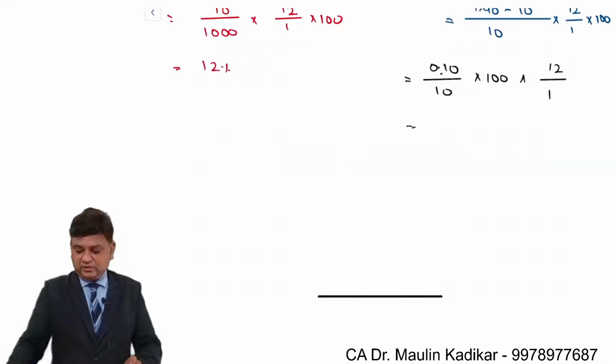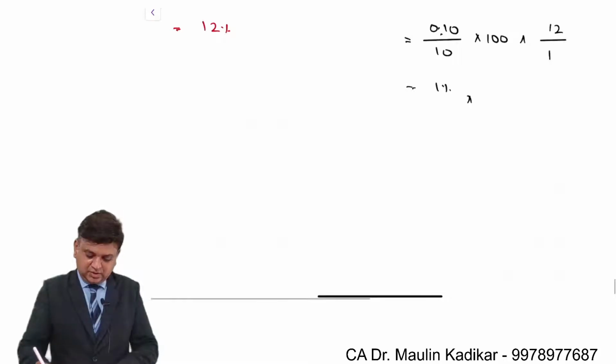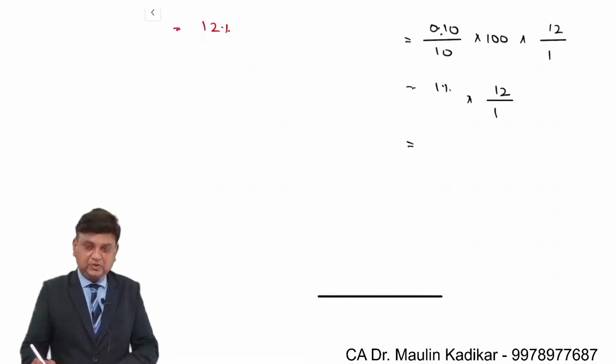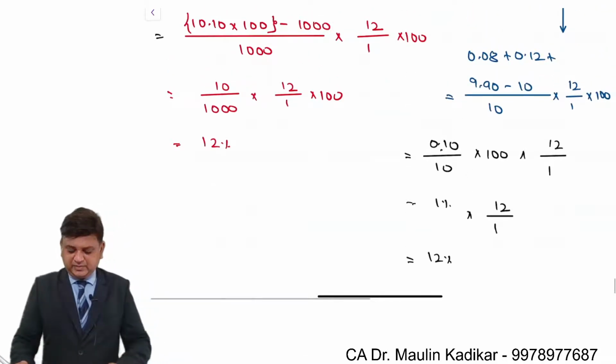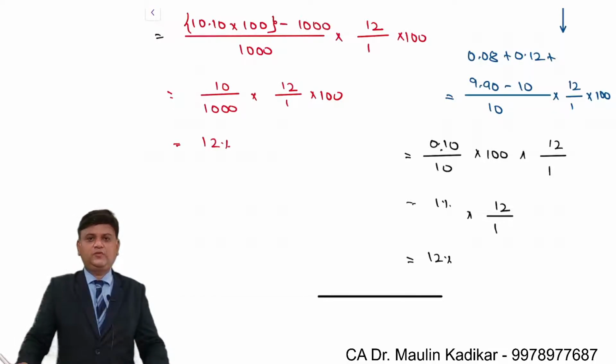So 0.10 into 100 upon 10, that comes to 1% into 12 divided by 1, that comes to 12%. 1% is a return for like 1 month. So for the entire year it will be how much? That is the way we can compute the answer.